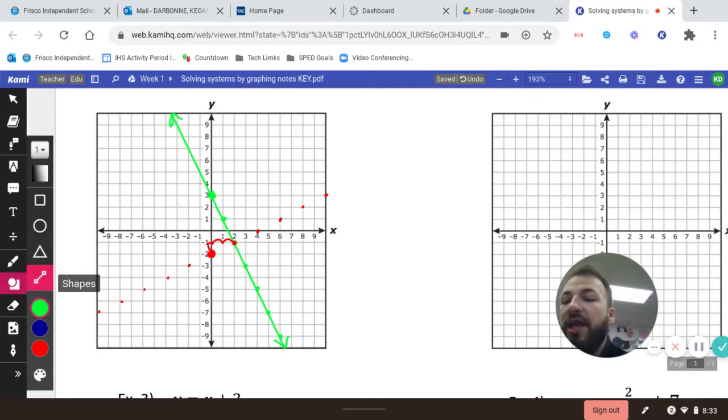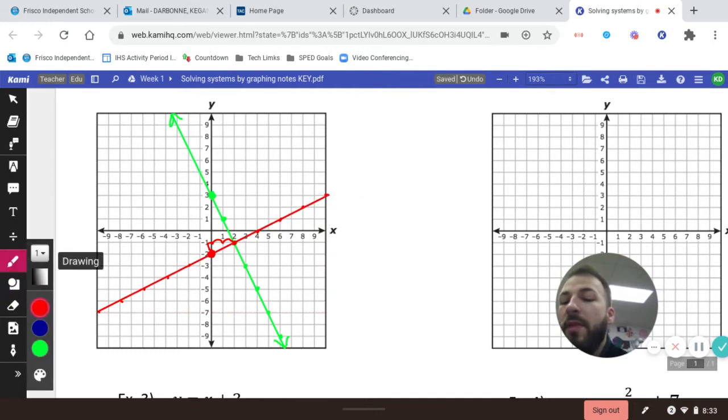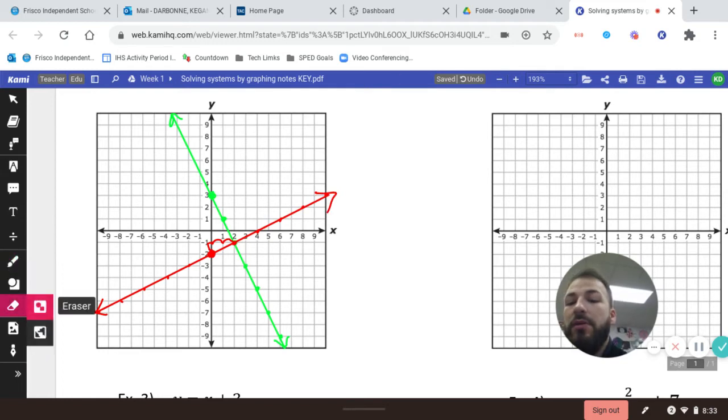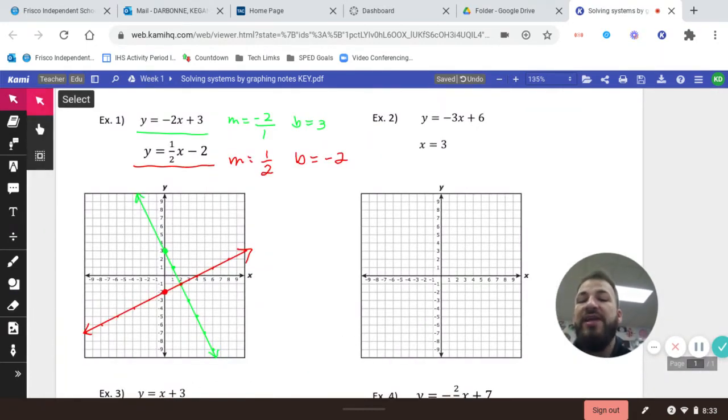And then once you feel like you got enough, you can add in that line. And of course, add in your arrows. Okay, so some things you should notice. We have two lines on the graph now, and if we did everything right, we should have a spot where those two lines cross.